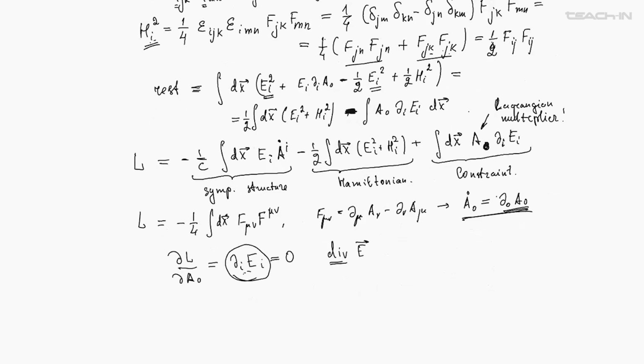And as you know, this is one of the Maxwell equations, right? Divergence of E is equal to 0 in the absence of sources. This is from the second pair of Maxwell equations. And the other name for this constraint is Gauss Law. I think I mentioned this already in the last lecture.